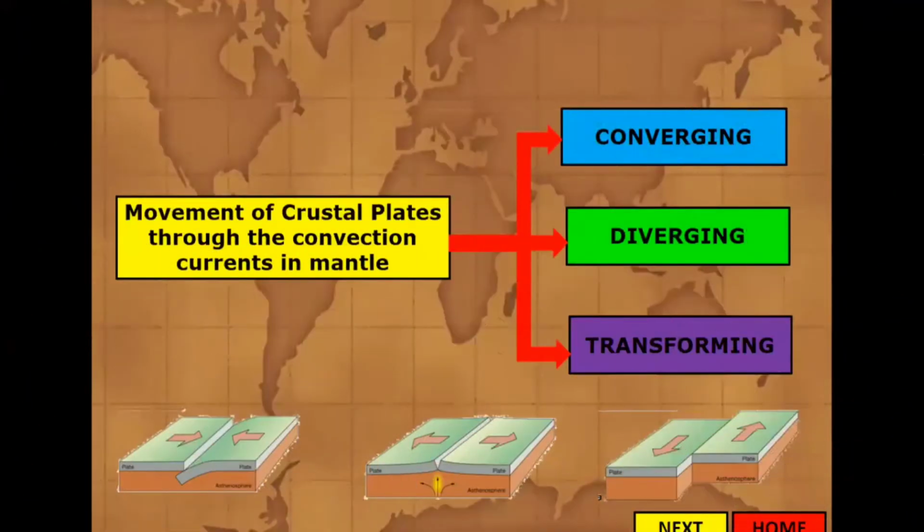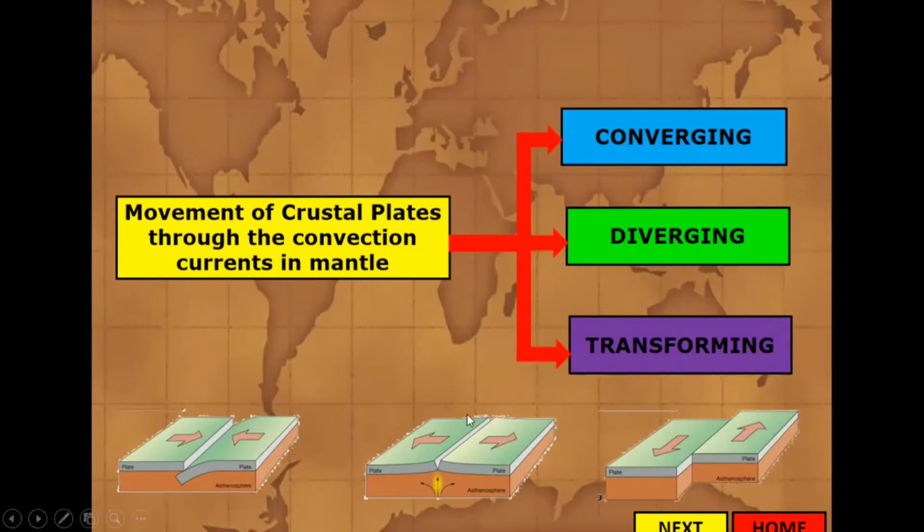With this movement of crustal plates through convection currents in the mantle, it results in converging of plates, diverging of plates, and transforming of plates. So here you will see how converging happened. Two continental plates move toward each other, and one shrinks, one moves up, the other moves down.